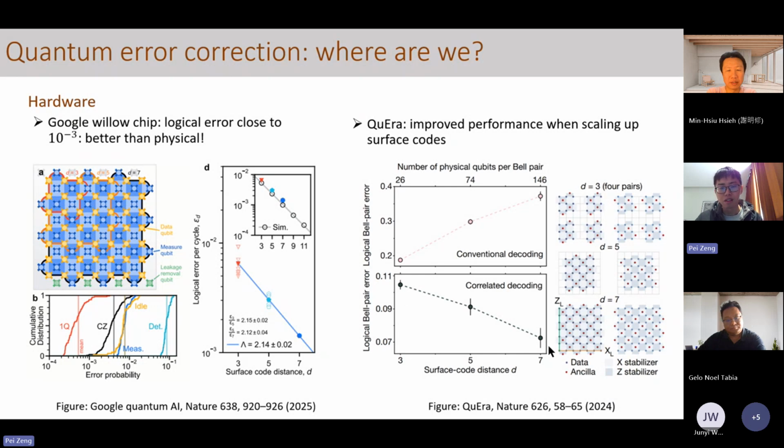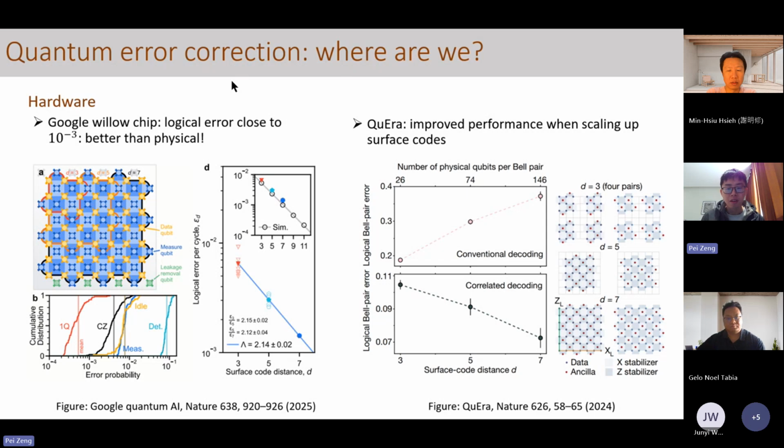So I think at least for comparing the error rate, the superconducting device still performs the best at this moment. But I think this neutral atom platform is also very competitive in the near term. We can see there's rapid progress on quantum error correction.